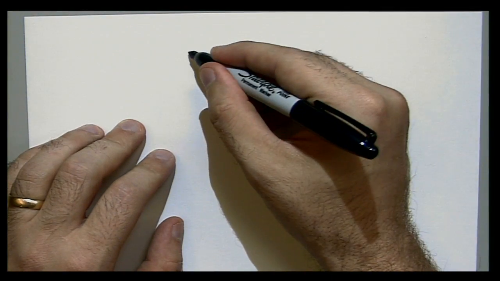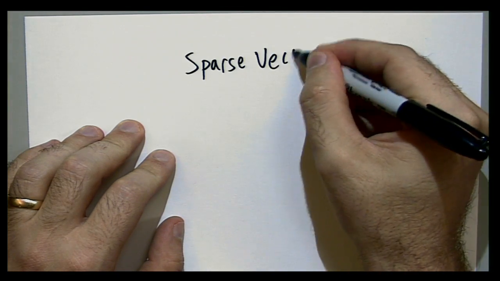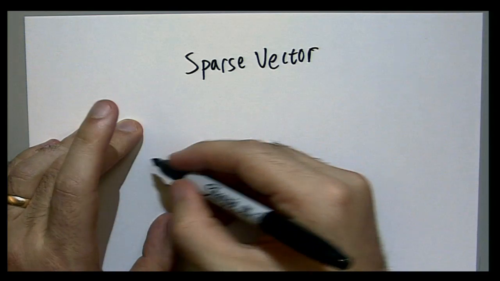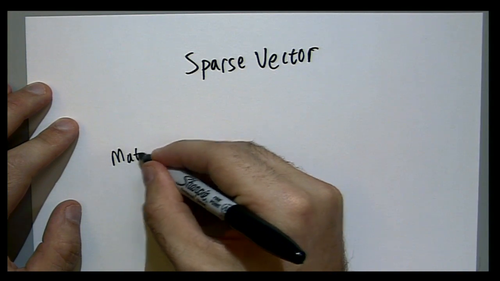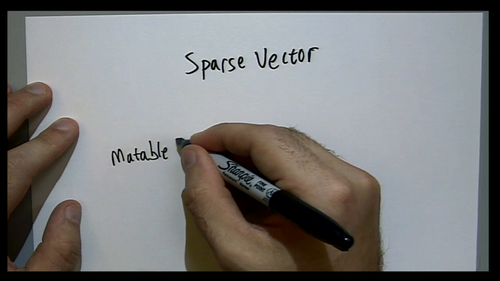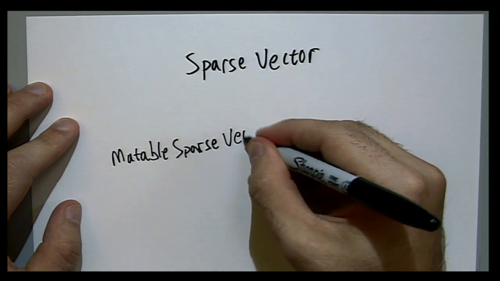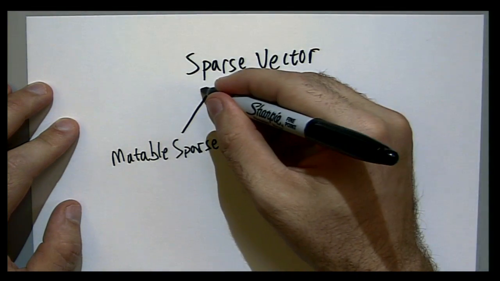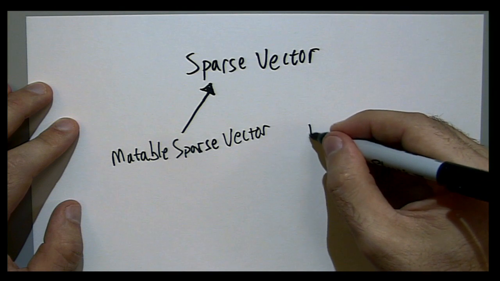So we have sparse vector, and it's abstract. Then we have two concrete subclasses of it, mutable sparse vector, which extends sparse vector, and immutable sparse vector.